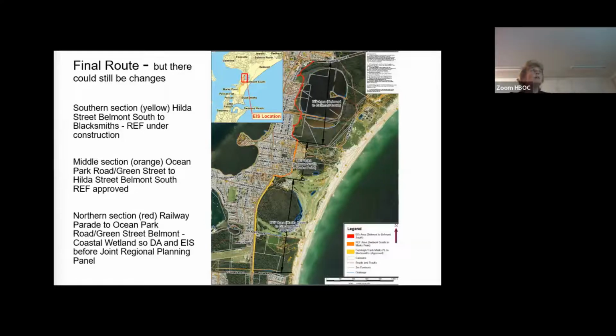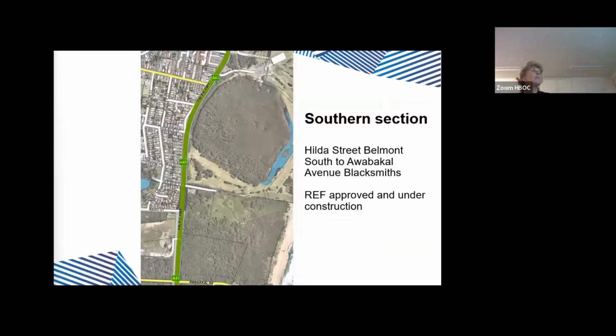And the top section, the northern section, there's a development application lodged with council, and it's before the joint regional planning panel. It requires a development application and environmental impact statement.